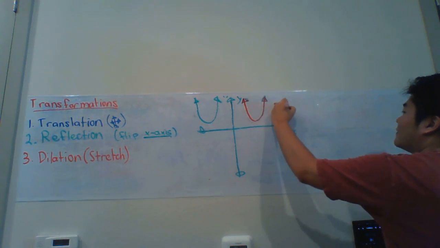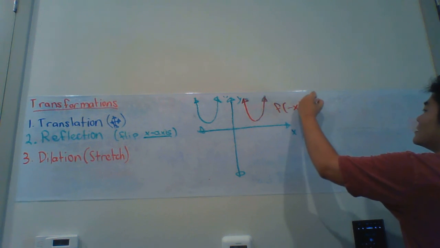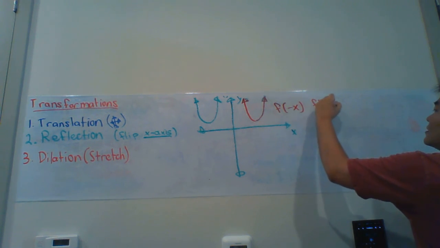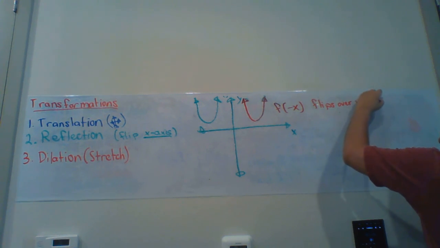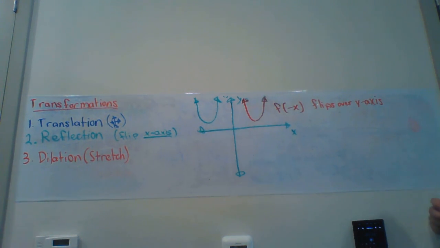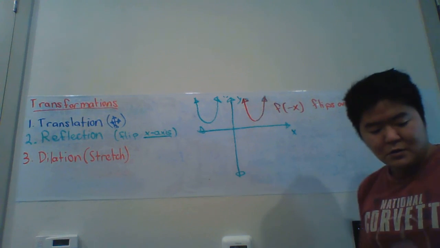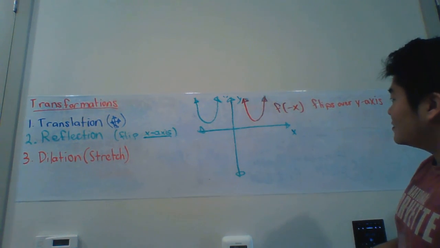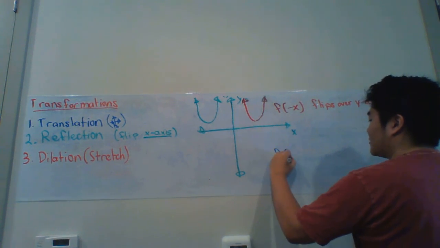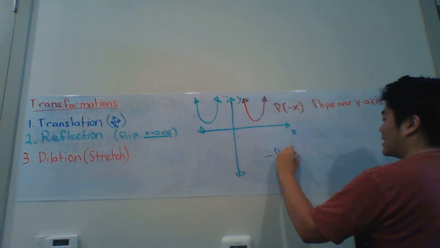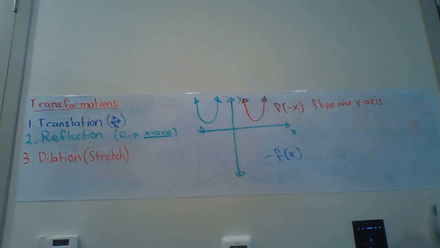This one looks like f of negative x. So this flips over the y-axis. And then I'm going to flip it over the x-axis. And I'm going to use a blue marker for this one. So that's going to be the negative f of x, like we saw before.